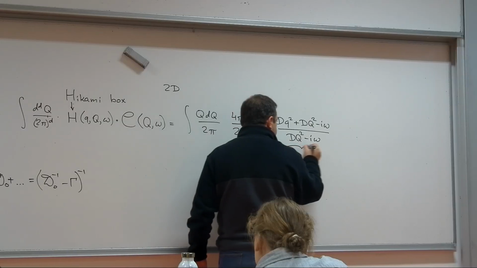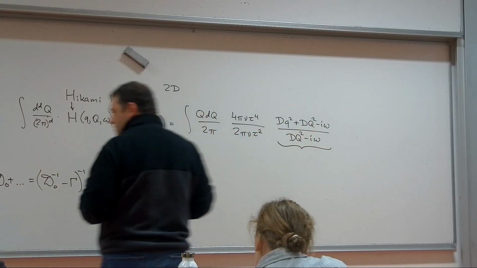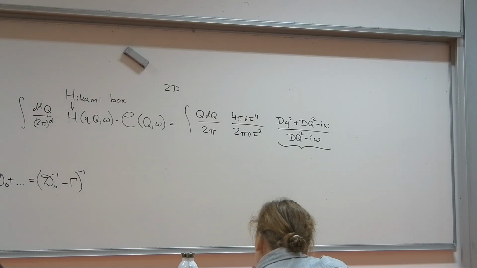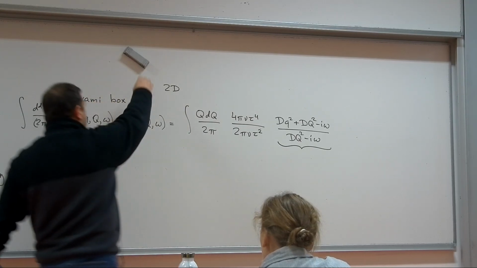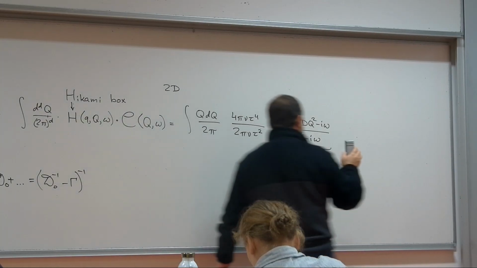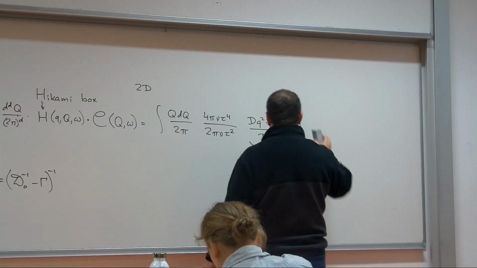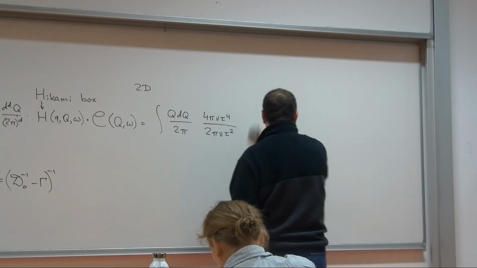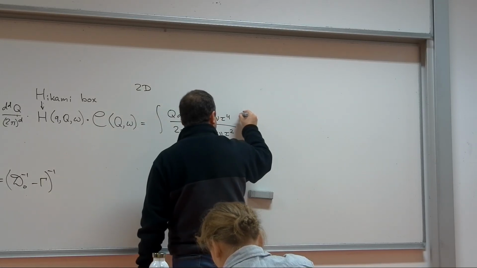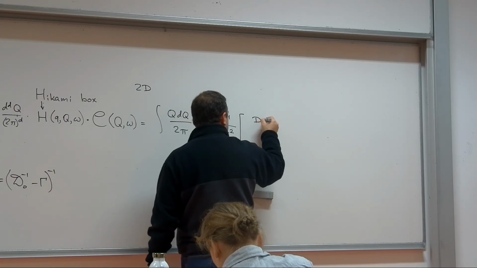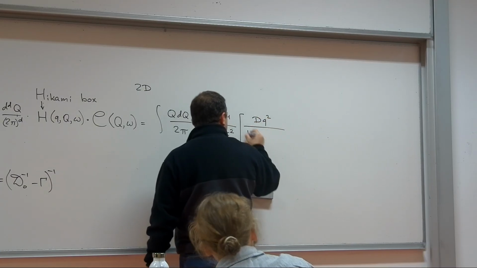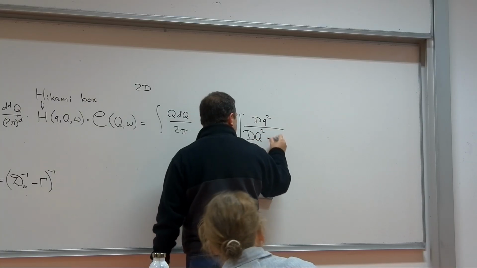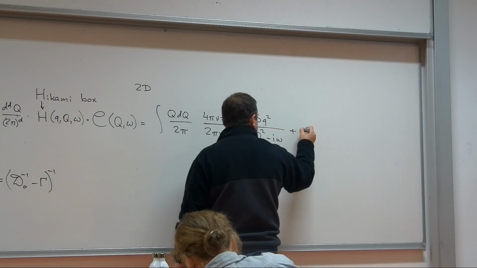So this fraction that I have, I can take advantage of having a whiteboard, so I can erase things, and you have to write them again, if anybody is writing. So d small q squared divided by d capital Q squared minus I omega, plus 1.